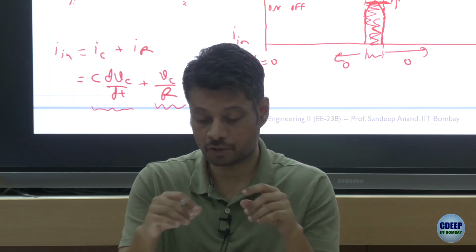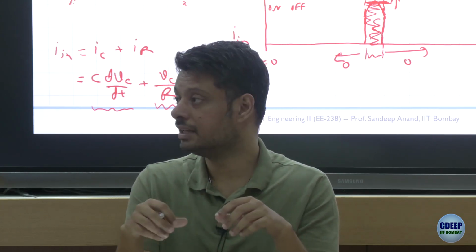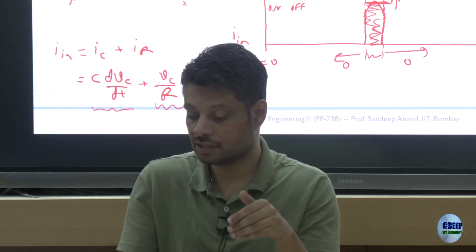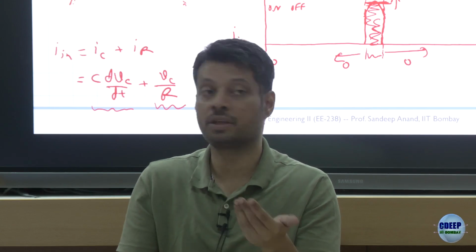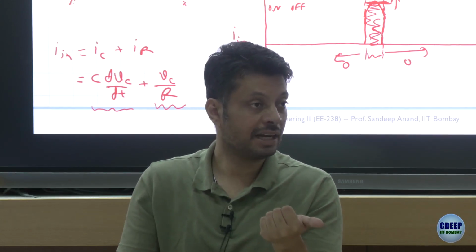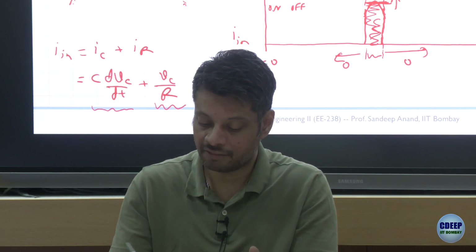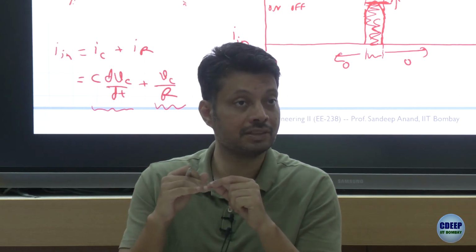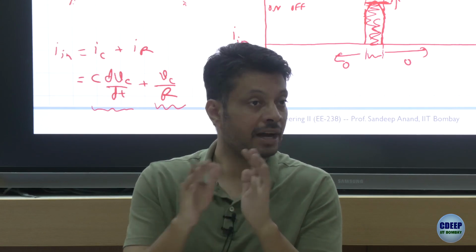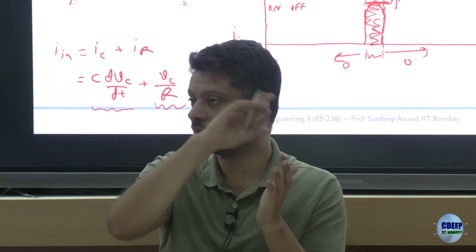But yeah, of course. If you have an RC, you can see that the output voltage average is not the same as what you would get if you had only R, right? In fact, the output voltage average would be very, very close to 325, which is the peak value of the input voltage in this case, right? So if you had R, it would have been the average of a half sinusoid.